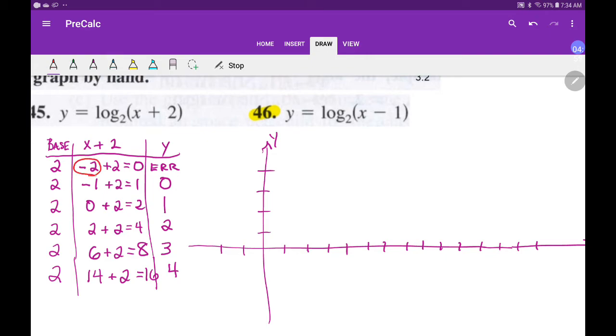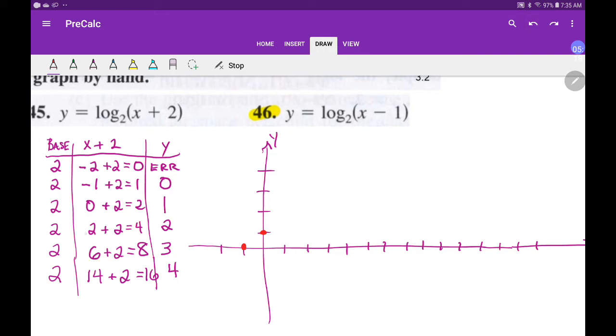Well, when x is negative 2, that's a problem, so I'm not going to do that. How about negative 1? Well, I get 0, so there we go right there. And what happens when x is 0? Well, when x is 0, I'm at 1, so right there. Oh, I skipped 2.